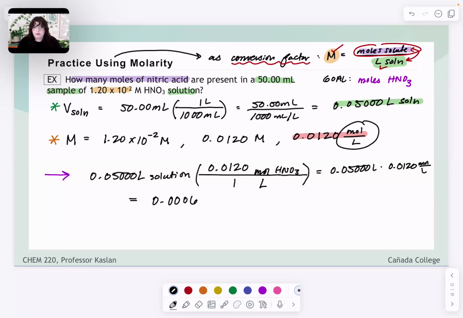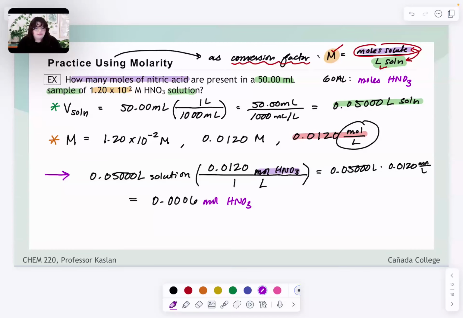Half of 0.012 would be 0.006. And thinking about our unit, this puts us in the mole unit, right? Liters will cancel. So now we have moles of nitric acid. And we're not quite done, right?